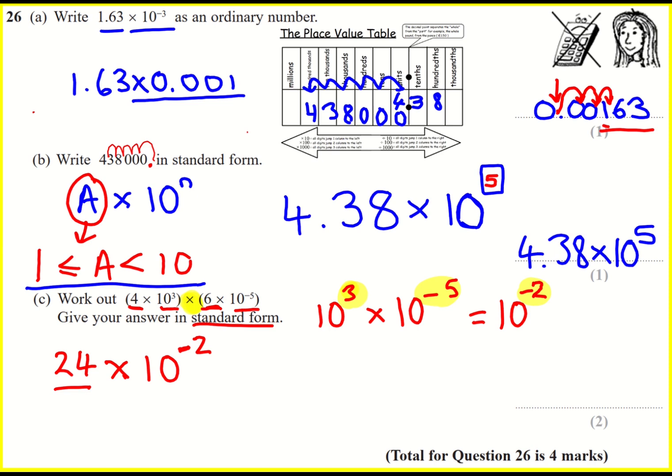But remember that standard form must obey this rule that I wrote up here, where that initial number must be greater than or equal to 1 but less than 10. So 24 multiplied by 10 to the minus 2. Well, 10 to the minus 2 is 0.01.